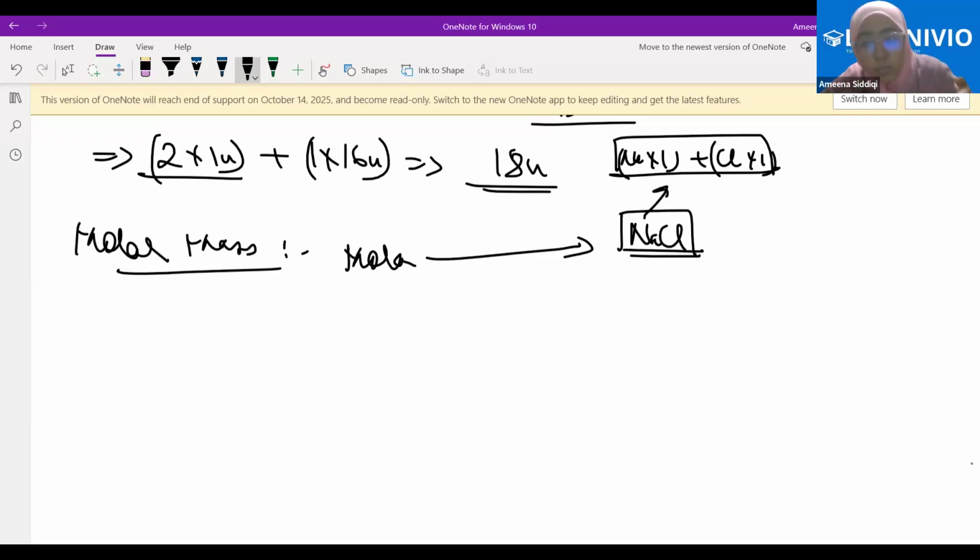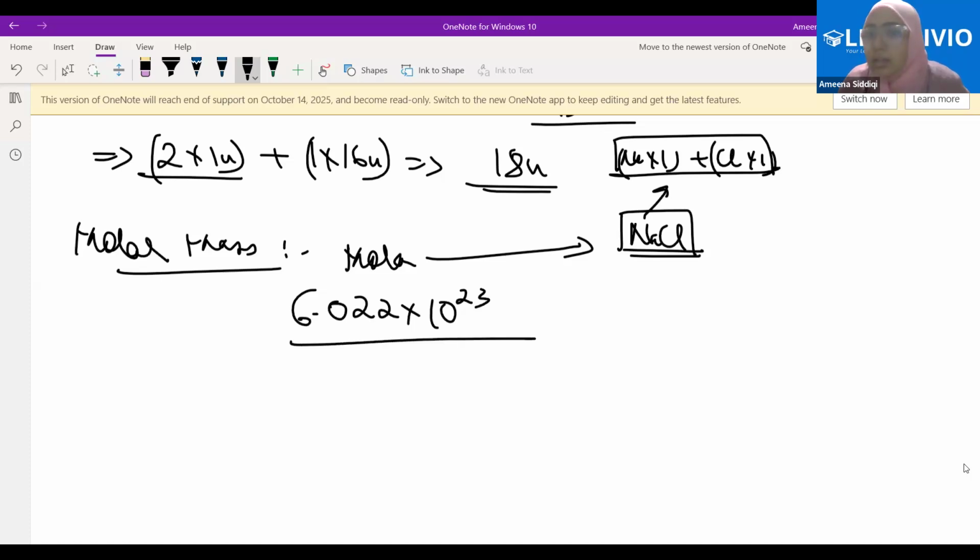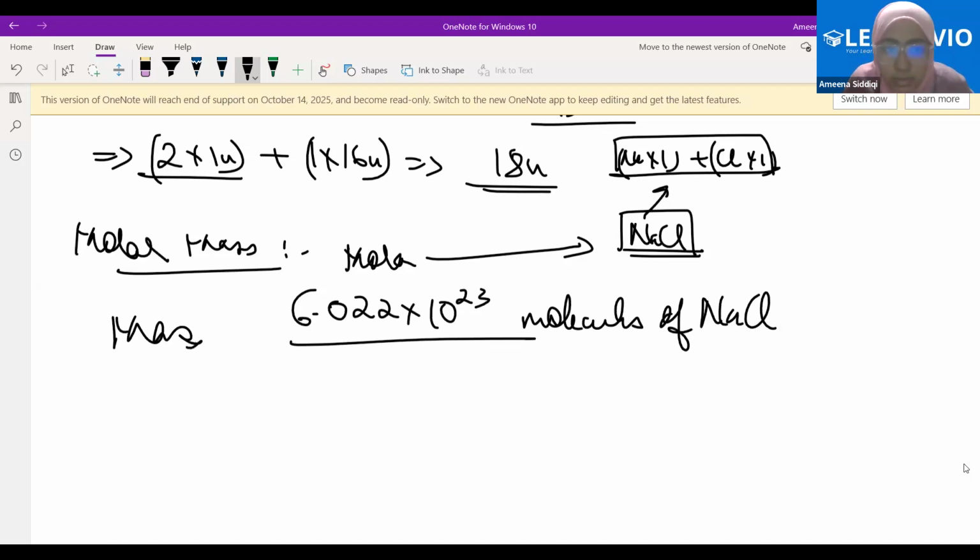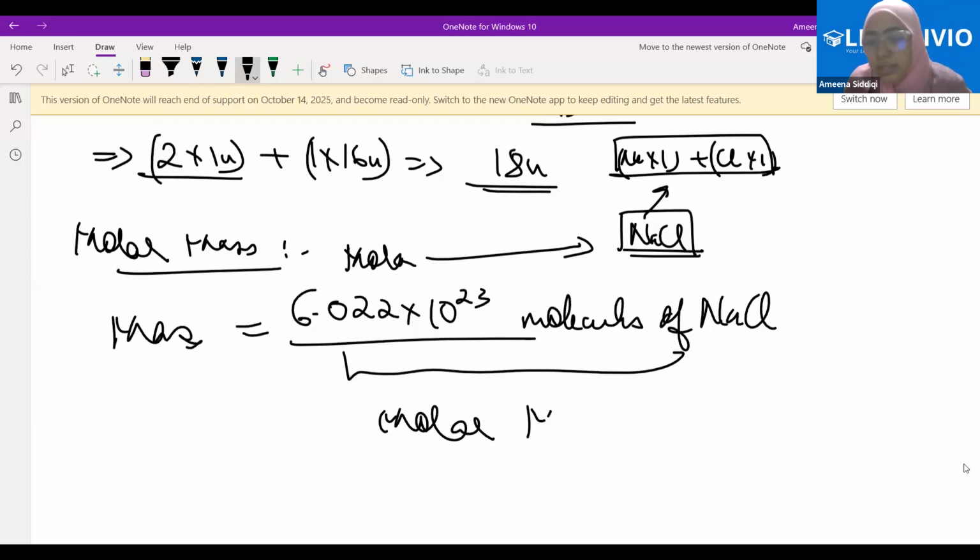What's the value of 1 mole? 6.022 into 10 raised to the power 23 molecules of sodium chloride. The mass of this will be called the molar mass of 1 mole of sodium chloride.